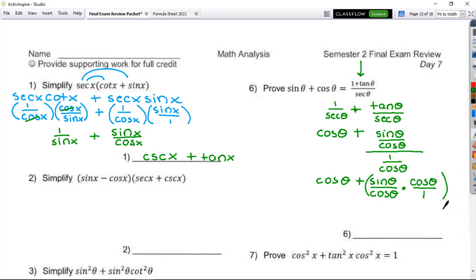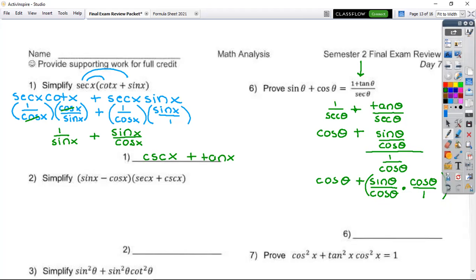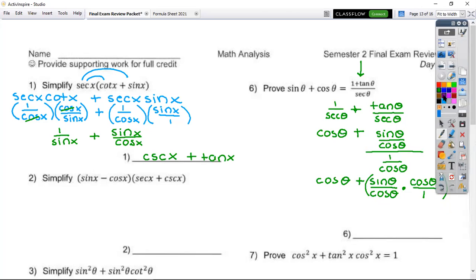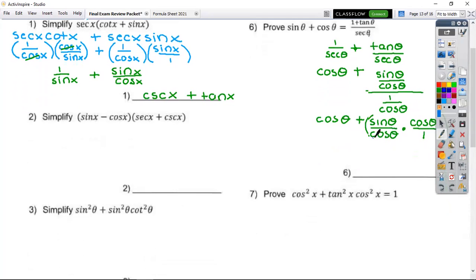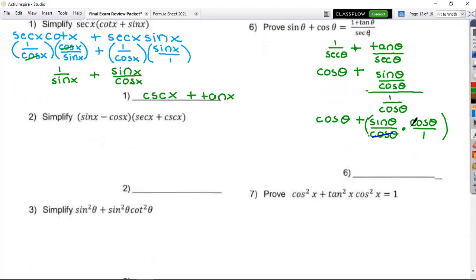And then what happens with cos of theta? Cancels out, yep. So I'm going to lightly cancel that one and write what's left over here. So that cancels, and then that cancels. And I am left with cos of theta plus sine of theta. And that does match the other side. So I'll just do this. Check. You've proved it. You're good to go. And no, you don't need to rearrange it. It's fine.